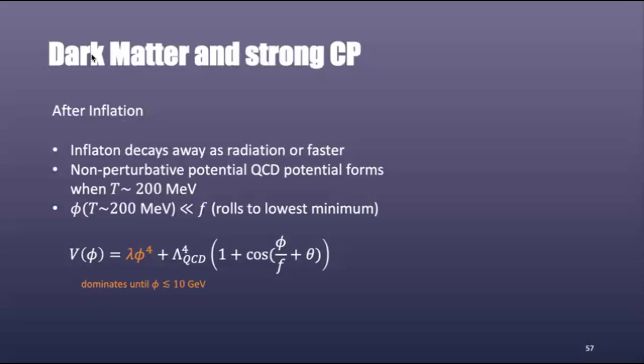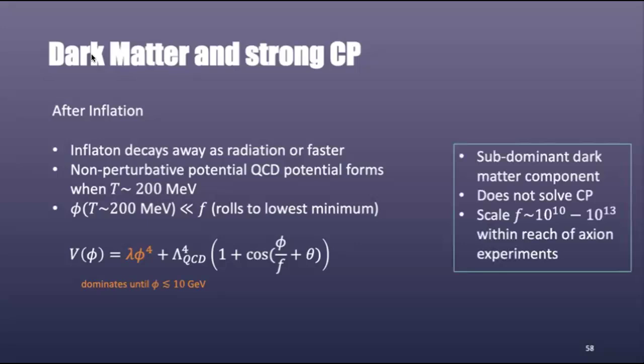Its amplitude will decrease, and eventually the QCD potential will form as we fall below the confinement scale. Then we have our regular cosine potential on top. We checked, and you have a superposition of your phi to the fourth plus your cosine, and you end up rolling to the lowest minimum.